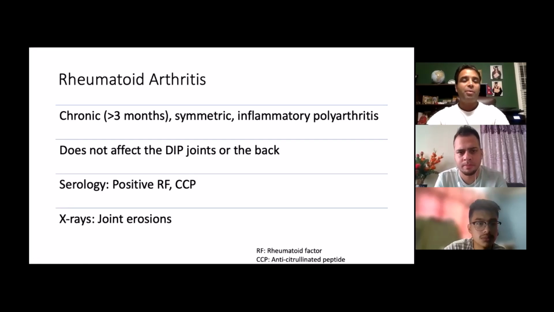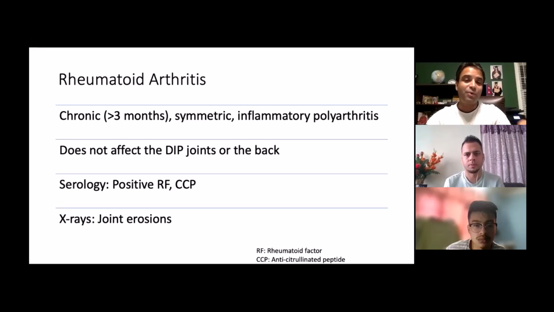Now, the other form of inflammatory arthritis is rheumatoid arthritis. Typically, it's a chronic arthritis, and by definition, the joint symptoms last for more than 3 months. They usually present with symmetric involvement, meaning bilateral hands or bilateral feet, and they present clinically with inflammatory arthritis. One of the key features differentiating rheumatoid arthritis from other forms of inflammatory arthritis is that RA does not affect DIP joints or the back.